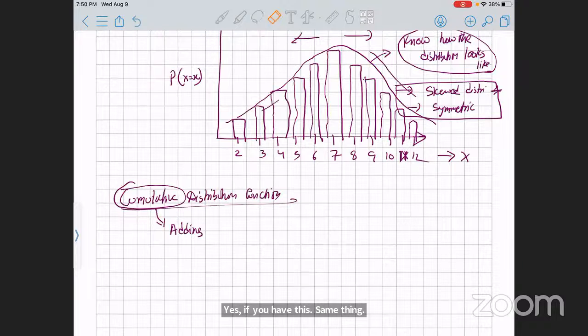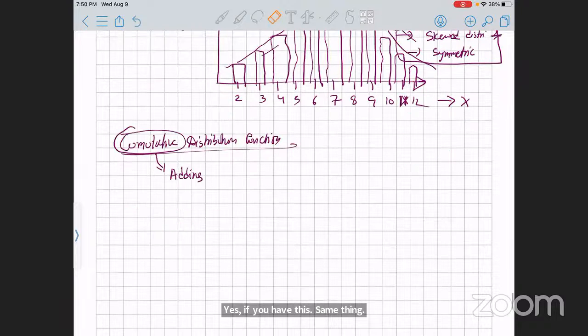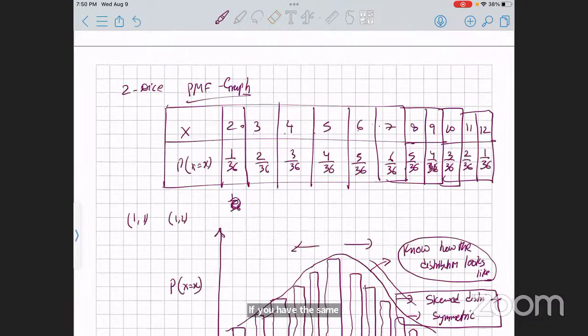If you have the same thing, you have to add at every interval, like 3 to 4, 4 to 5, 5 to 6, 6 to 7, 7 to 8, 8 to 9, 9 to 10, 10 to 11, and 11 to 12, so that you will get the cumulative distribution. I will give you an example.